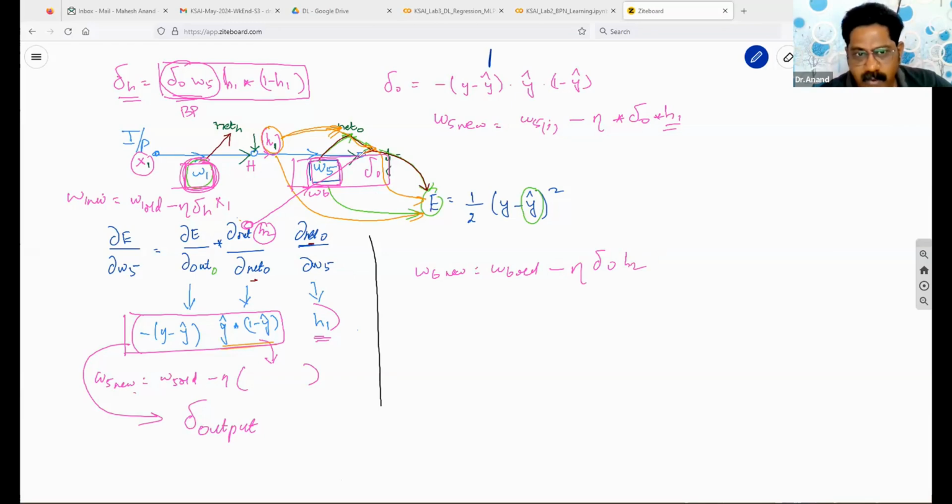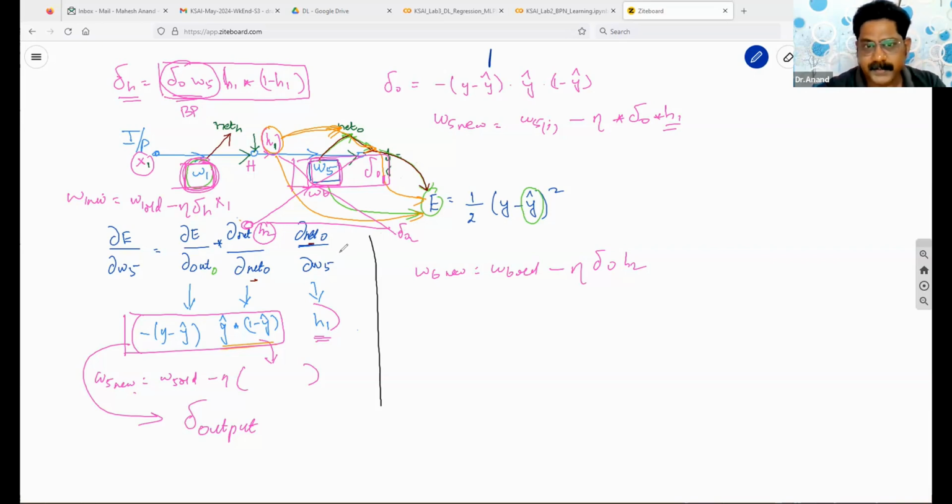In the output side, you have only one node, means you get only one value, delta naught. Suppose in the output side, if you have two nodes, your delta naught also you will have two values. You will calculate two values. So let us calculate delta naught 1, delta naught 2. I'll show in the program because in our notebook we kept only one node. So your delta naught is a scalar.